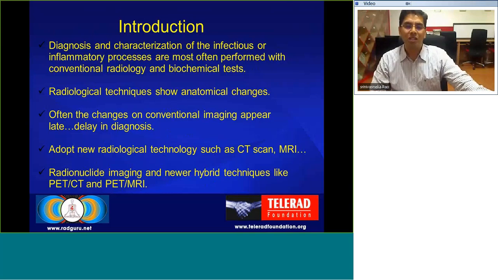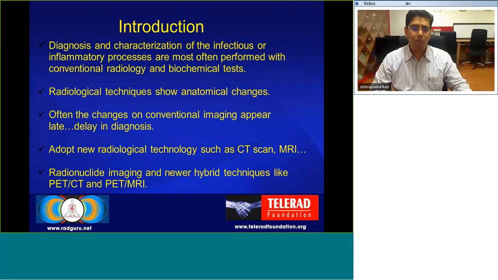However, if it is an interstitial disease or a focal disease obscured by the cardiac borders, it may not be depicted on the chest radiograph. Hence this leads to delay in diagnosis many a time. So we have to adopt newer radiological technology such as CT scan, and MR is also used, but less in chest imaging.